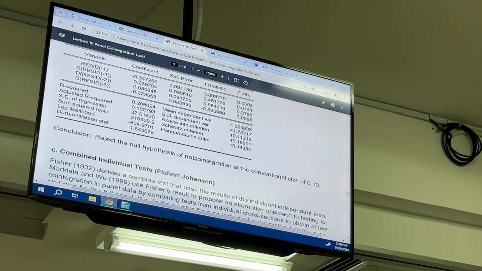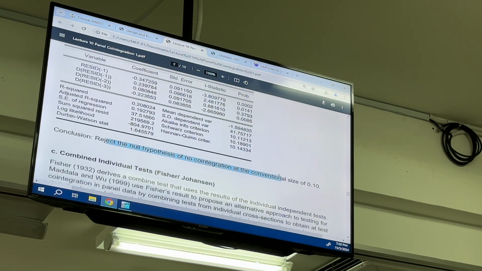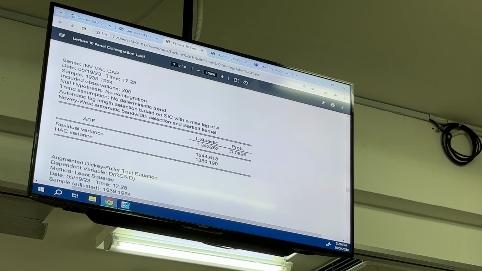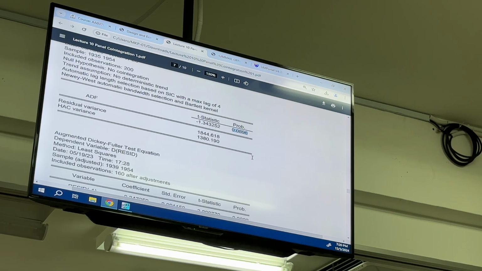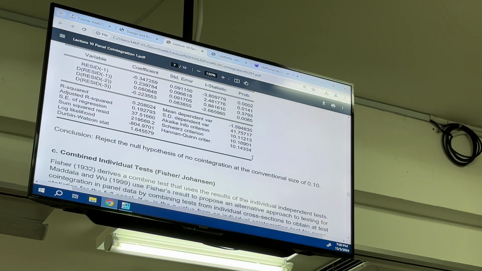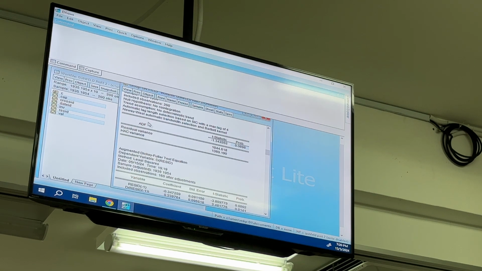You reject the null hypothesis of no cointegration in the long run if you use the 10% significance level. Then how about 5%? If you base on 5%, then there is no cointegration rejected; if you base on 10%, there is cointegration. So there is a difference here.